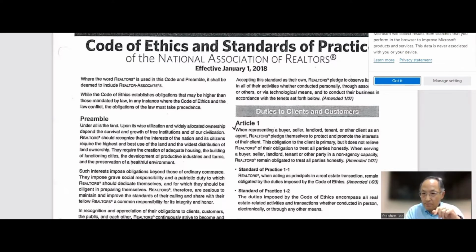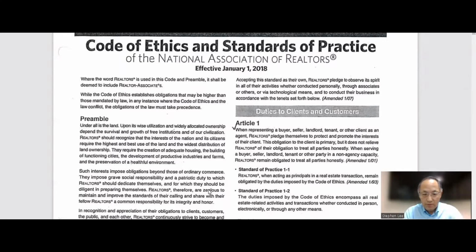These groups made this Code of Ethics to level up their standards of practice.